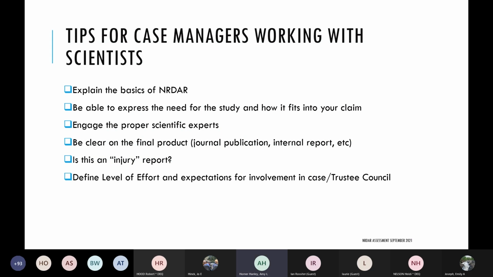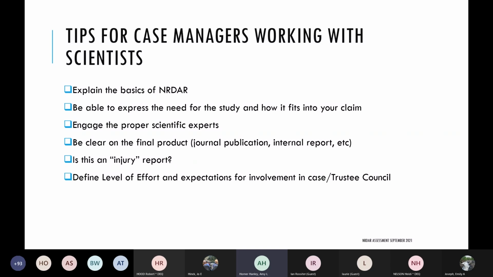We should also be clear about just the level of effort and expectations for involvement in the case. A lot of times, case teams reach out to particular experts to run a study or a series of studies and maybe advise them on the interpretation of their results in how we develop our claim. That's a far cry from, hey, please come be a permanent member and advisor to the trustee council.